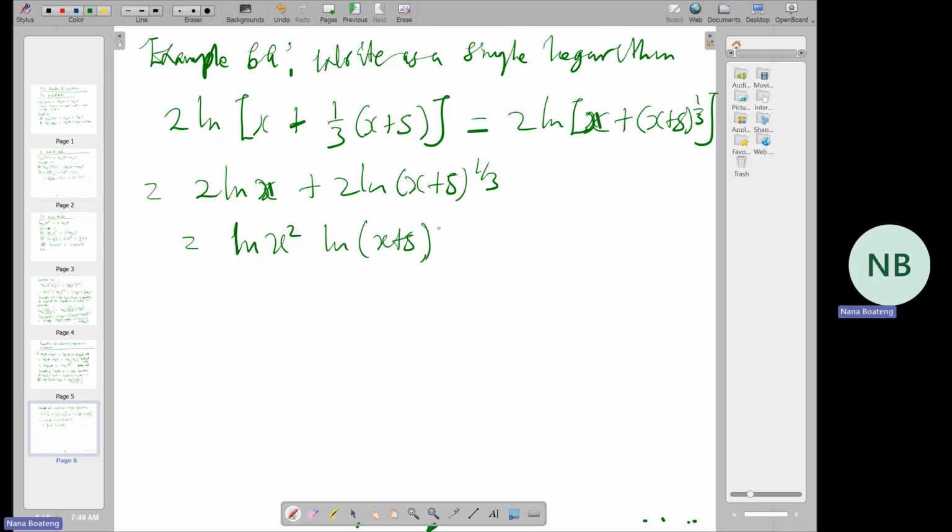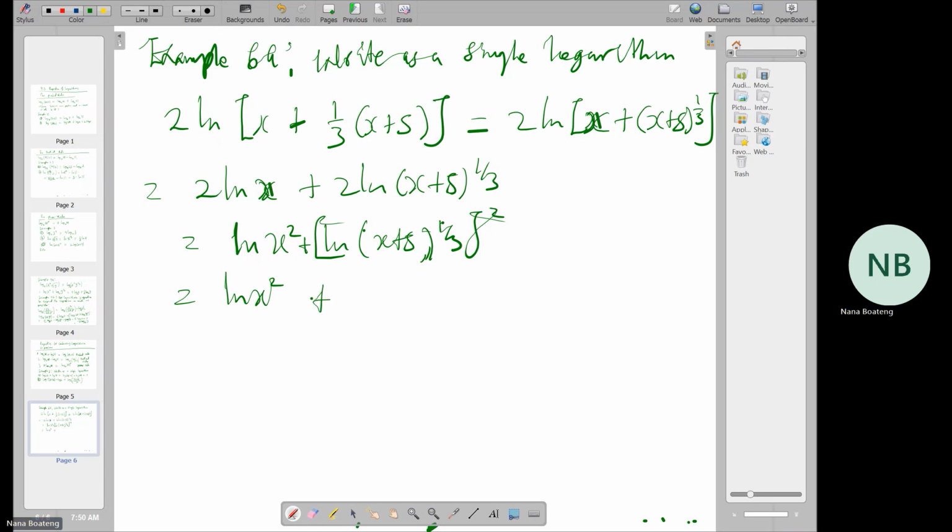So this is power 1/3, power 2. Okay, so this is plus log of x squared.